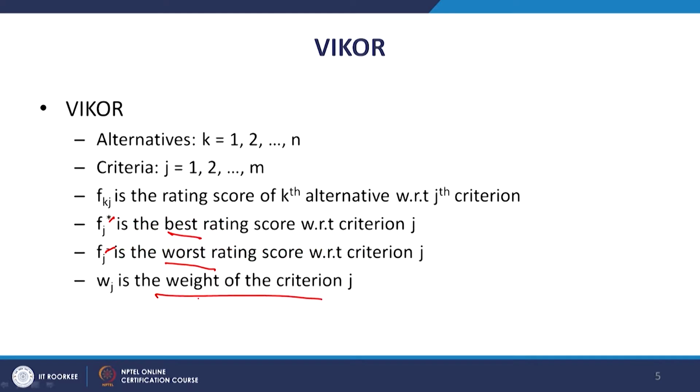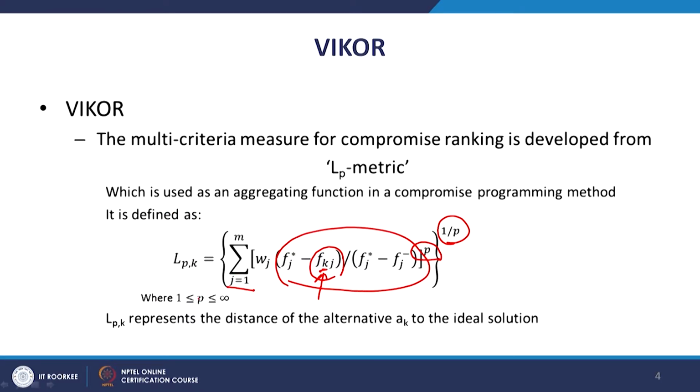Let me take you back to the LP metric expression. One important aspect is what this expression is actually representing. At the last line of this slide, you can see that this LP metric is representing the distance of alternative Ak to the ideal solution. So, the whole formulation is in a way a kind of distance metric.